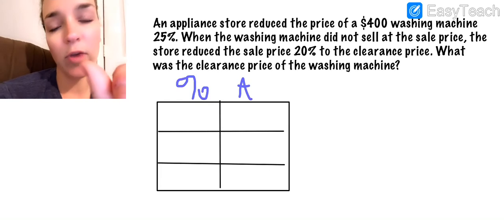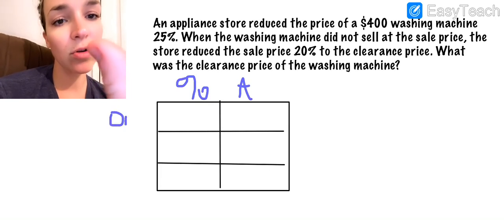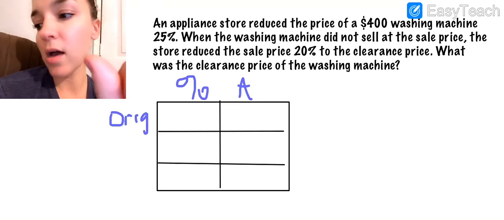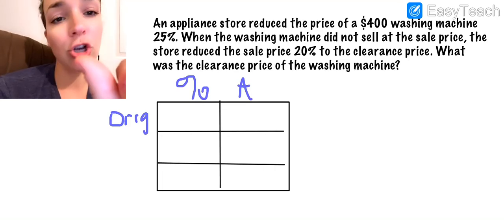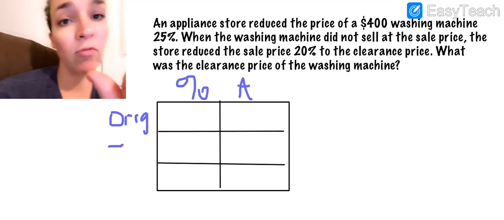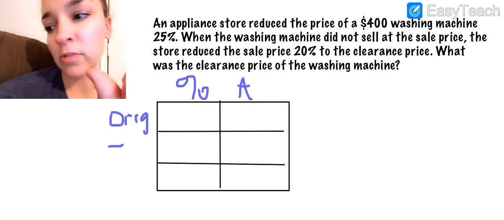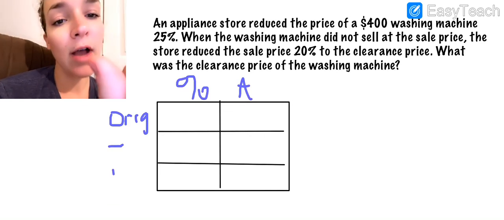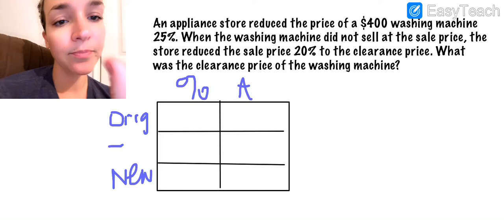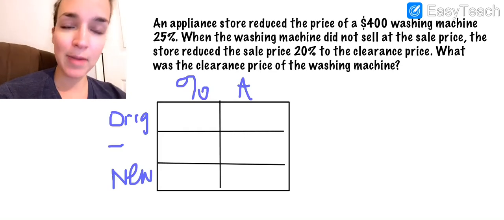Okay, and then we always start with the original. And then the change. So this is a reduction. We haven't even read the problem yet, but it's a reduction. And then we'll have the new, okay? So maybe this is a good time to go back and read the problem.